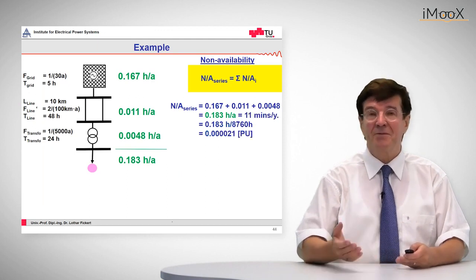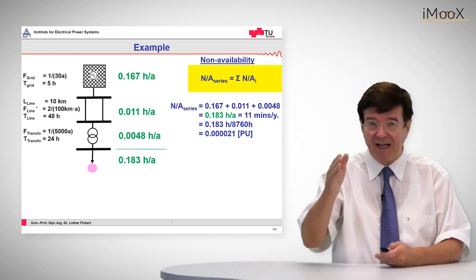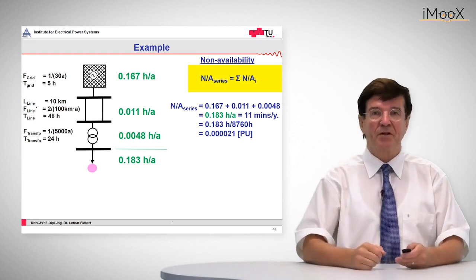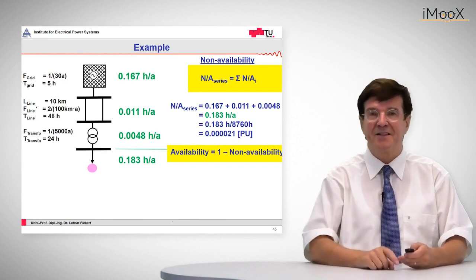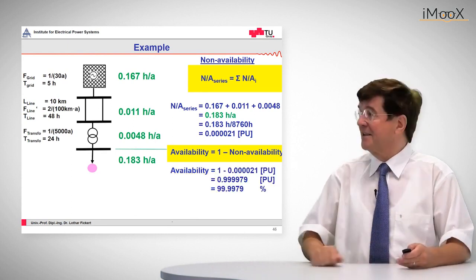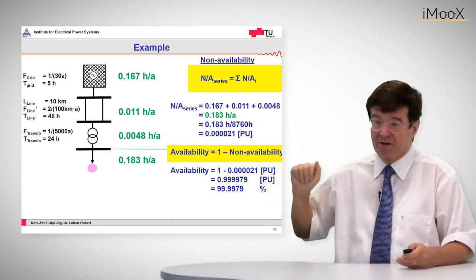And in other terms, the year can again be expressed as 8,760 hours, and it comes out in per unit. And how about the availability, which is 1 minus the non-availability? It is given, as we can see here, as 0.99979 per unit.